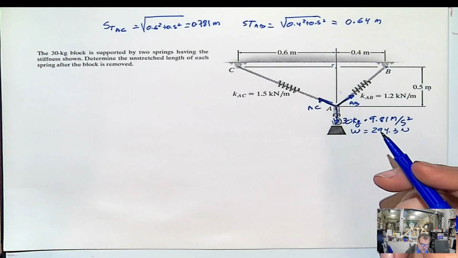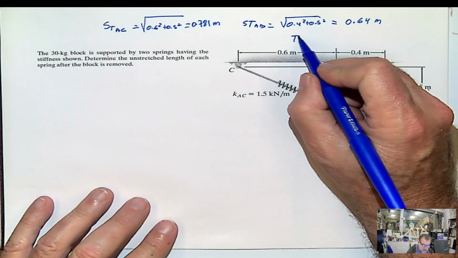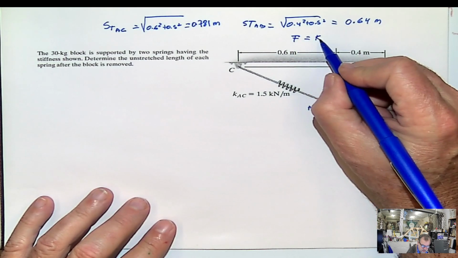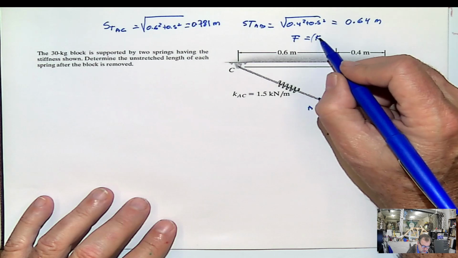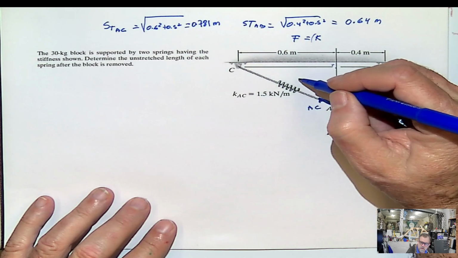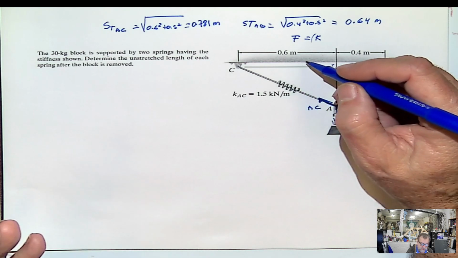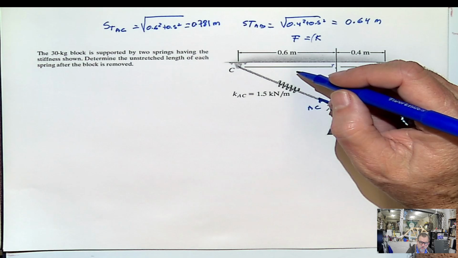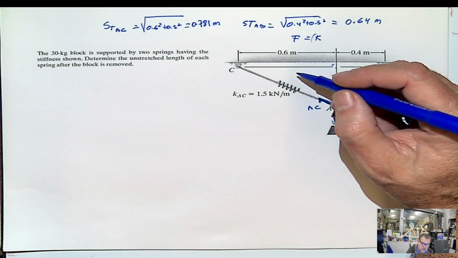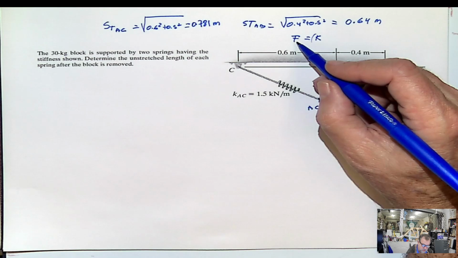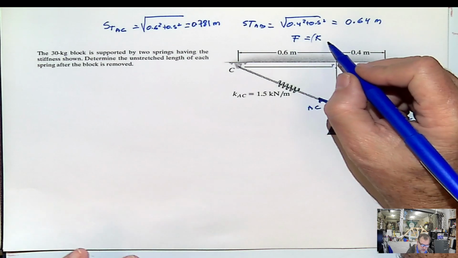Now, what happens with the springs? You know that the force in the spring is equal to K times the stretching, where K is the constant of the spring, also called the stiffness of the spring. Basically, that's a relation between the force applied and the stretching.